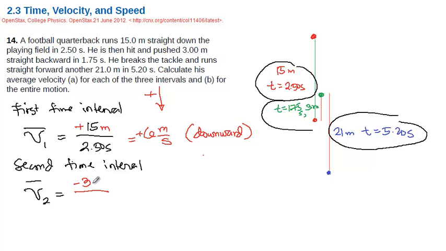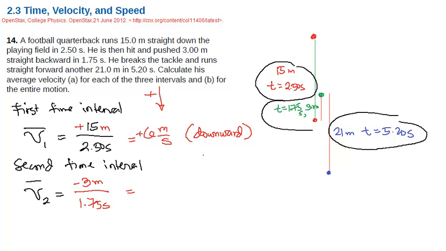The negative sign simply indicates that it's moving opposite to the positive direction. So it will be negative 3 meters divided by the time, which is 1.75 seconds.